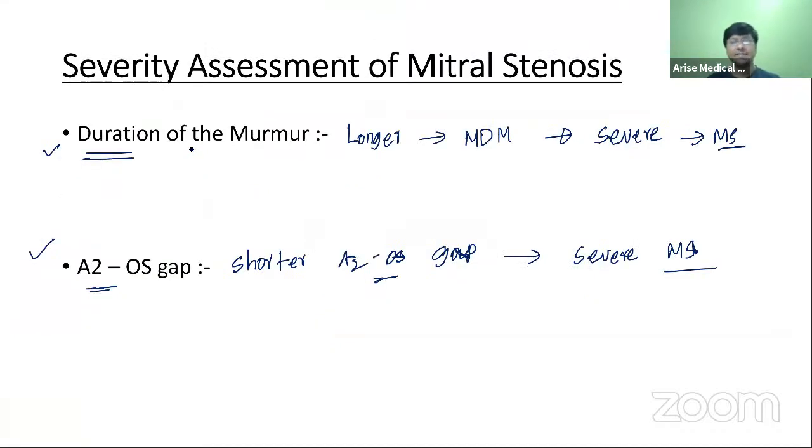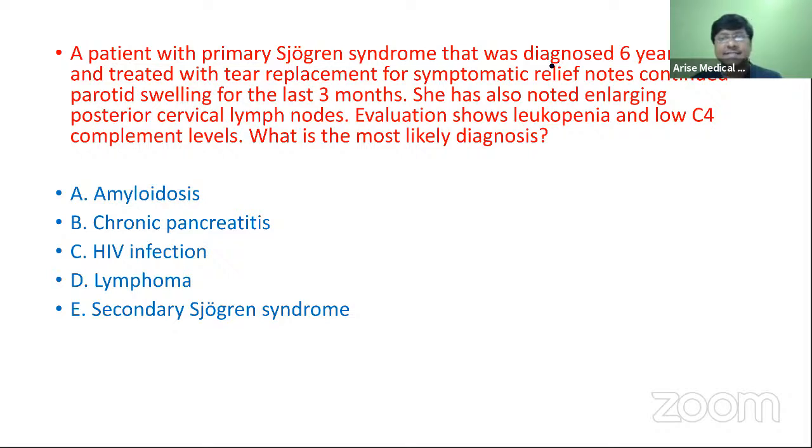This is another very interesting question, and let me see how many of you can crack this. A patient with primary Sjogren syndrome that was diagnosed 6 years back and treated with tear replacement for symptomatic relief, notes parotid swelling for the past 3 months.